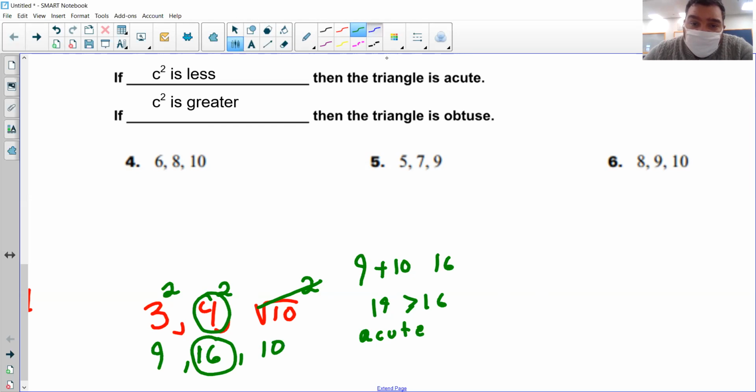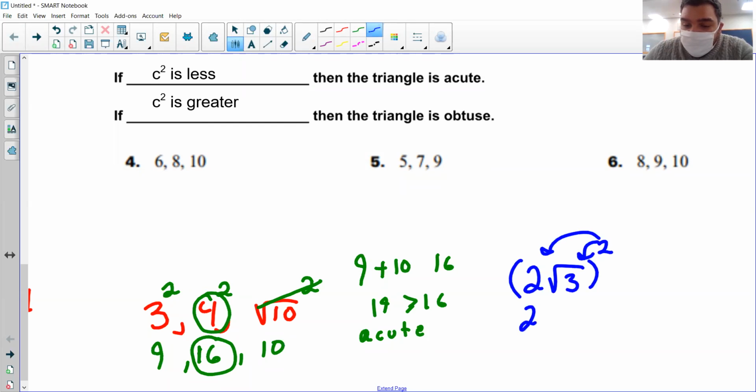And I need to show you this type of situation. Let's say you have 2 square root of 3, something like that. If you squared 2 square root of 3, you would give a 2 to this and a 2 to that. So it becomes 2 squared times square root of 3 squared, which means it's 4 times, this crosses out, 3, which ends up being 12.